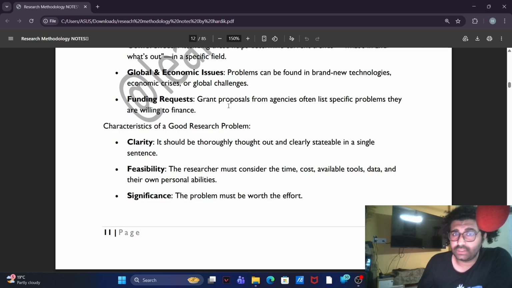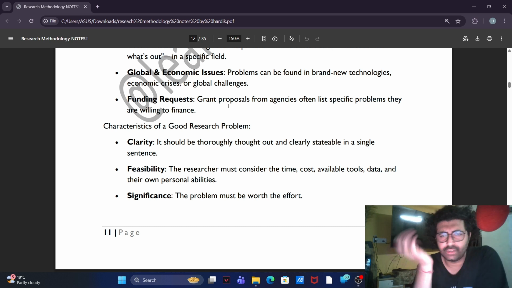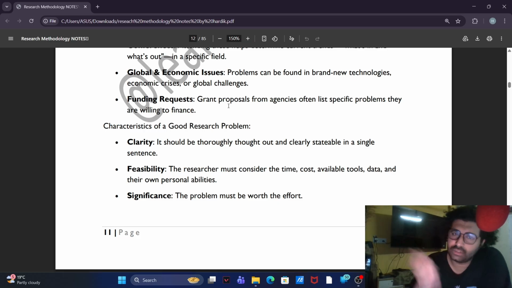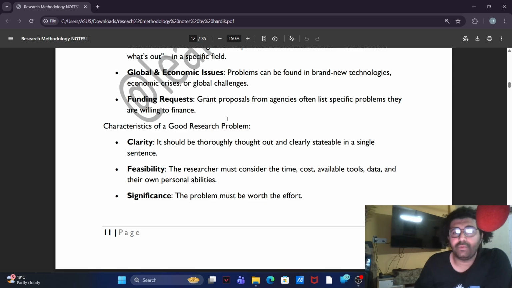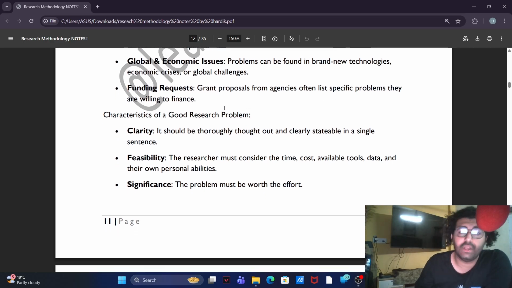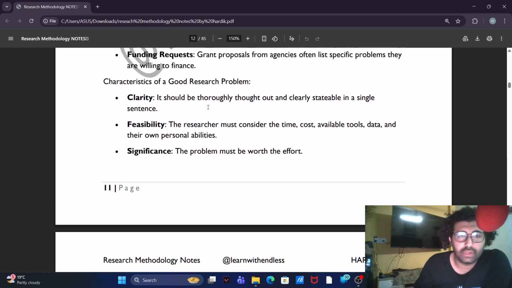Just like the recent economic war situation, due to which there are global challenges about LPG and such. Funding requests: grant proposals from agencies often list specific problems they are willing to finance. You can say it's WTO.